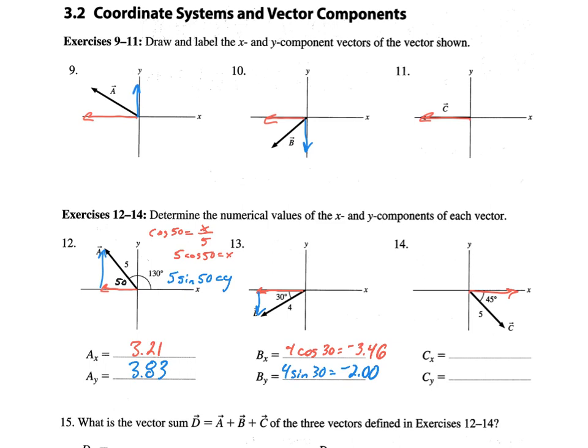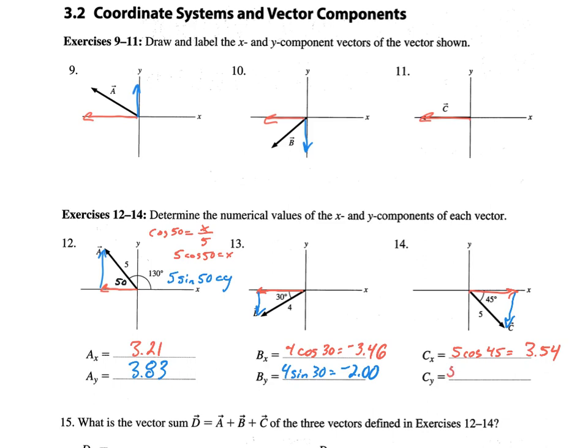I need that x, and I need this y. So it's going to be 5 times the cosine of 45, and that should give us about 3.54.